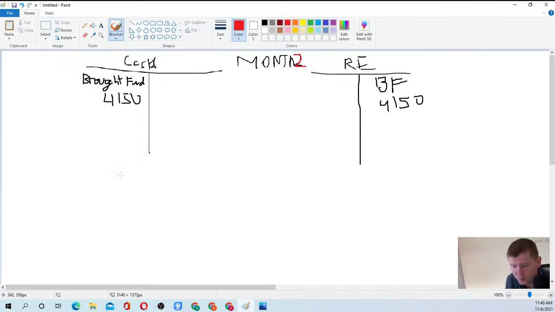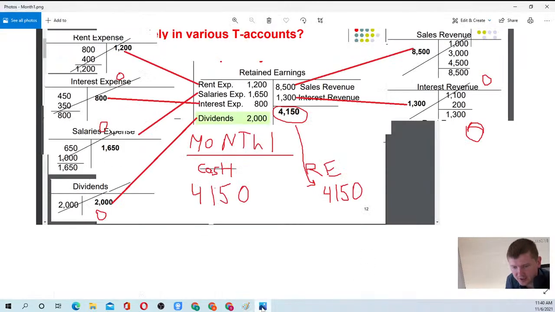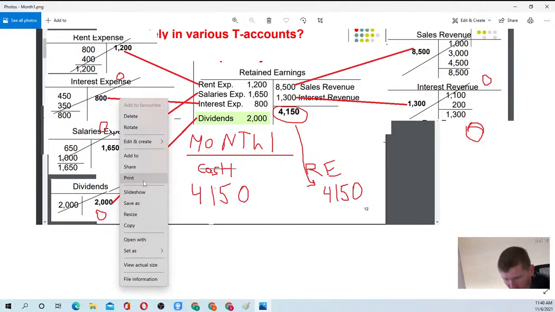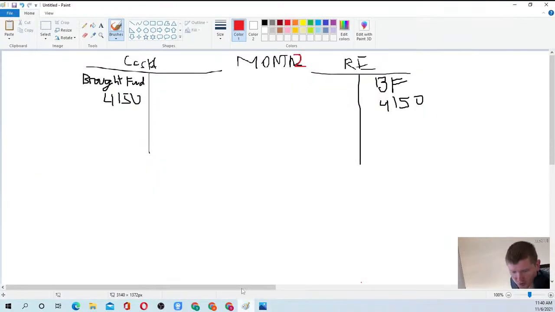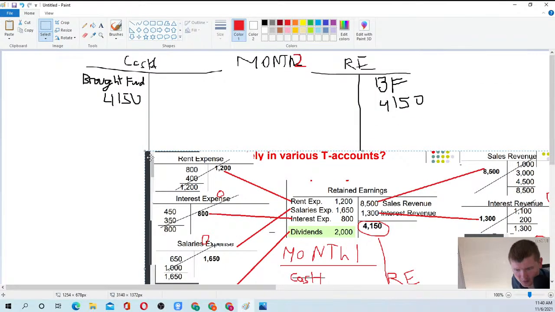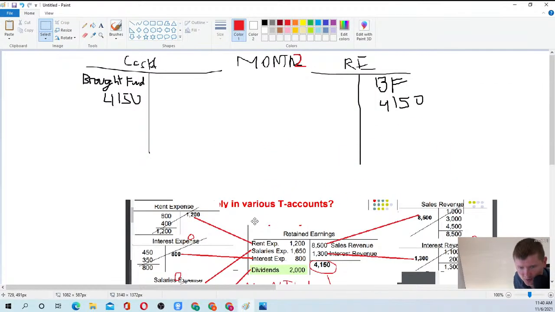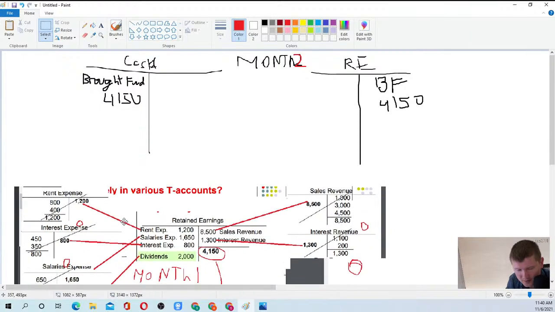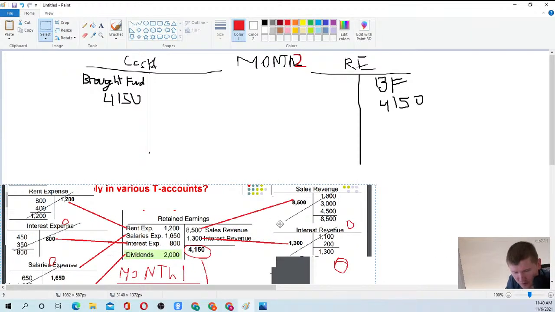Now we can have the same transactions in month 2. Can I just copy it here? Most of the transactions will repeat. Let me downsize it a bit. Let's say we just got the same interest revenue.